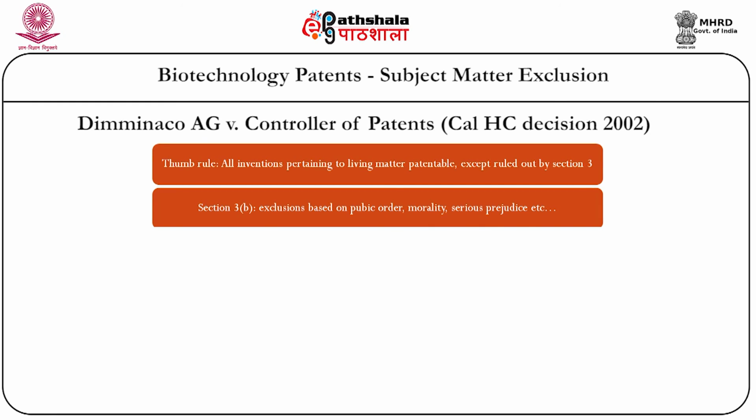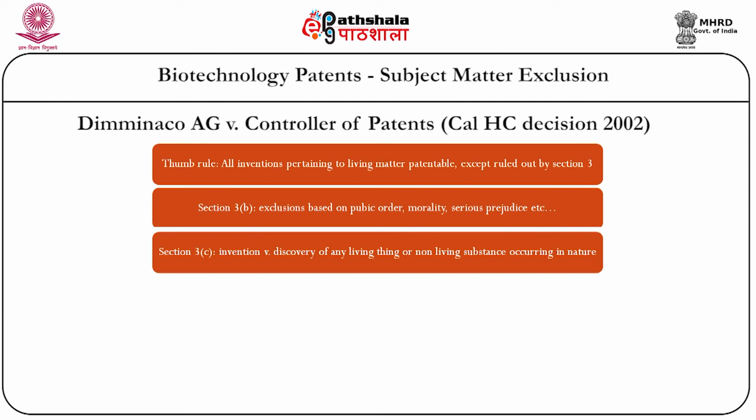So only based on the commercial exploitation, it means there must be some kind of external law to prohibit such a product as contrary to public order, morality or causing serious prejudice, and then definitely there is a strong ground for the patent office to reject such patents under section 3B. Section 3B derives its strength from article 27.2 of the TRIPS agreement, which allows for such exclusions. So WTO member countries are free to allow such exclusions.